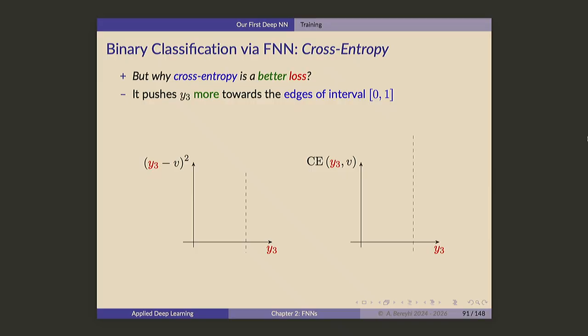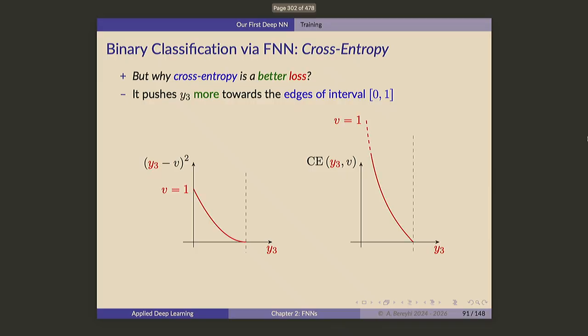It could change somewhere between 0 and 1. It could be very close to 0, very close to 1, or something in between. This is the range, and I want to plot this loss in terms of y3, because at the end of the day, I am going to take the gradient of this function.